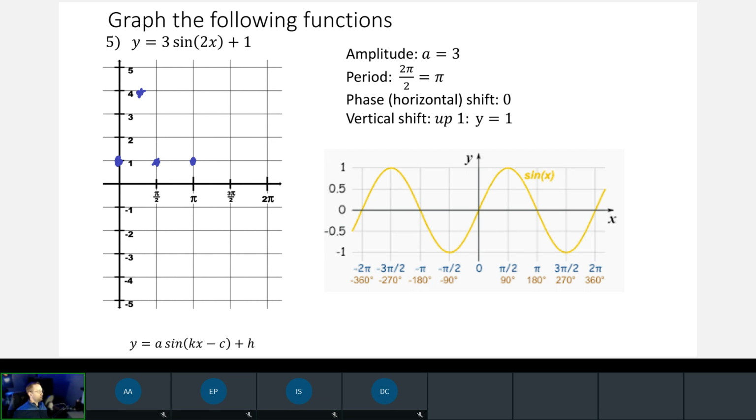And then I'm going to plot the other one that is down 3 from the midline. 1, 2, 3. And then I'm going to just connect the dots in a wavy motion, the best that I possibly can. And hopefully it's good enough.